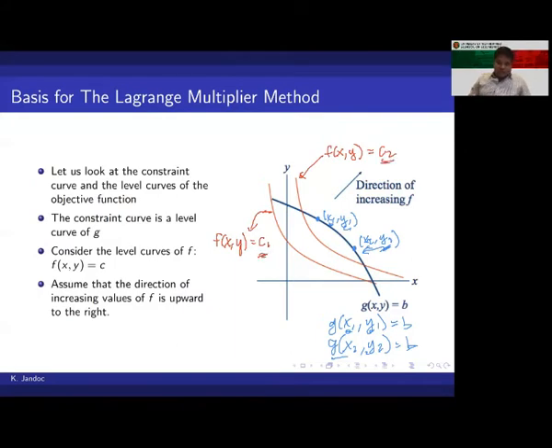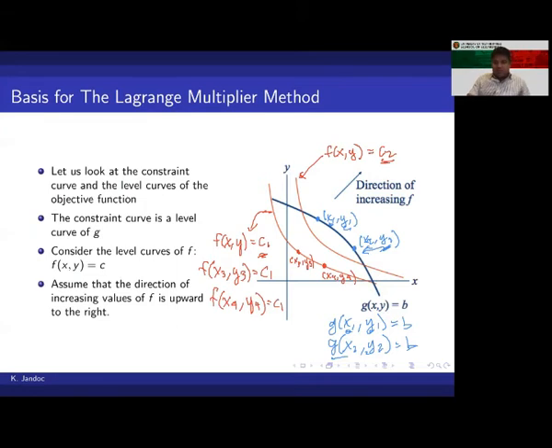The higher the level curve, or the farther away from the origin, the higher the value of the function. Again, take the points here, say x3, y3, and x4, y4. If you plug f of x3, y3 here, it will give you C1. If you plug in x4, y4 in the function f, it will give you C1.